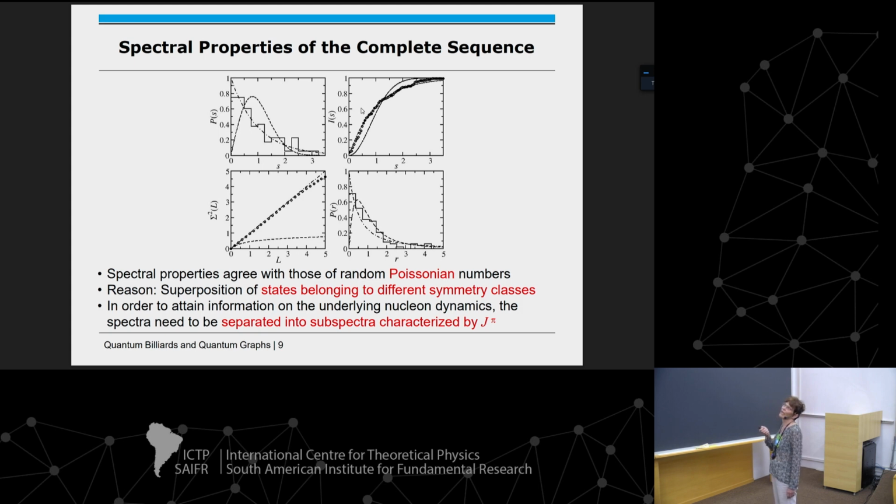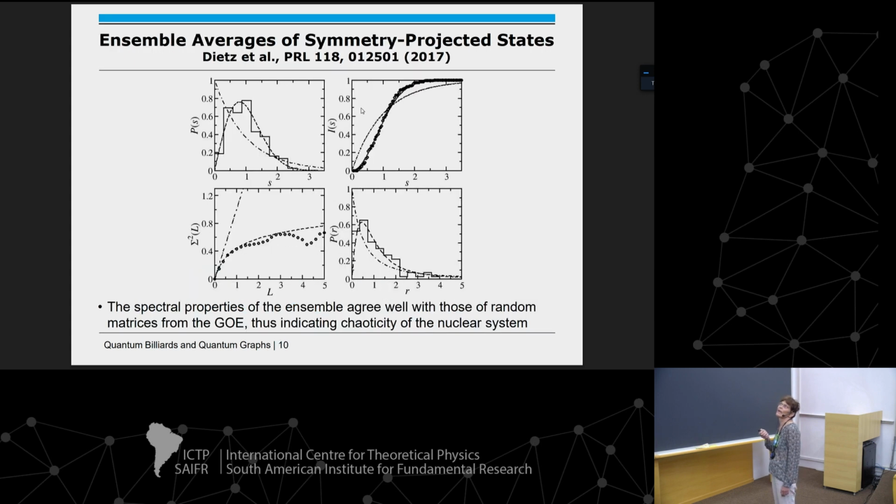So if you don't care about symmetries and just put together all the eigenvalues, then you will find Poisson. However, if you now use all these subspectra and do an ensemble average, then you get agreement with GOE. From the nuclear physics point of view, this is a very good agreement. It was one of the first nuclei where you found 158 levels, and here I show the nearest neighbor spacing distribution.